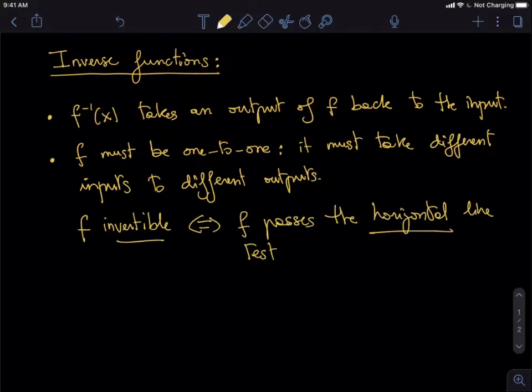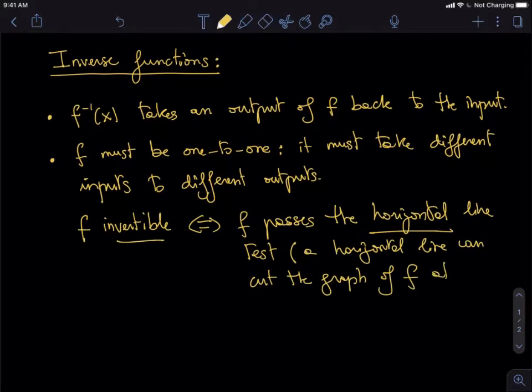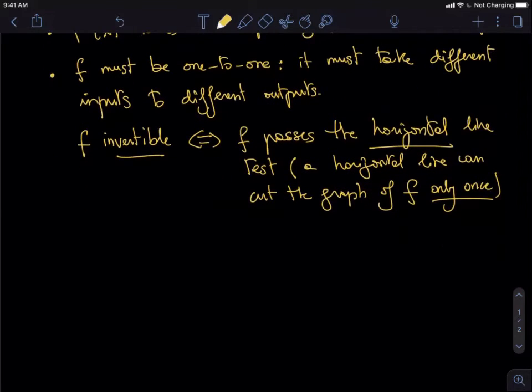This means that a horizontal line can cut the graph of f at most once. Well, let's say only once. Sounds more natural. So that's the horizontal line test.